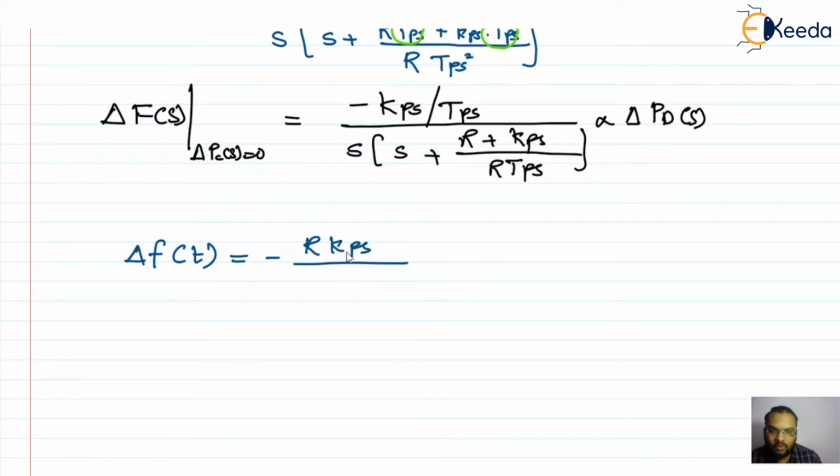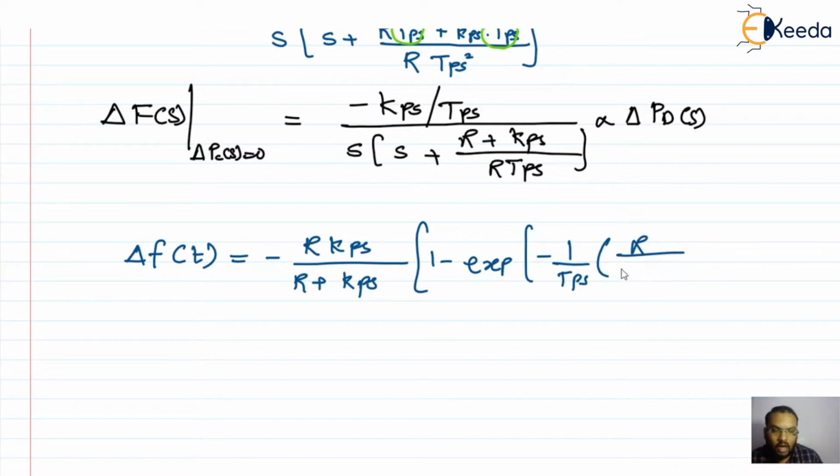You should get the Laplace inverse as minus R·Kps/(R + Kps), into 1 minus exponential raised to minus 1 divided by Tps in the bracket R divided by R plus Kps, into delta Pd. Okay, now as I said, we can observe the dynamic response only for a particular case.